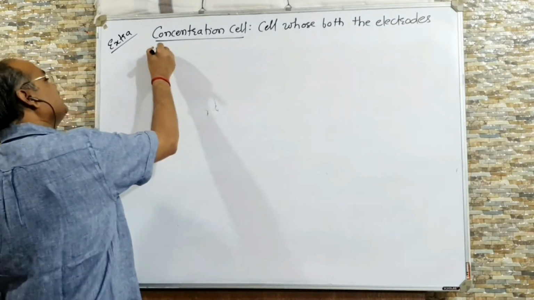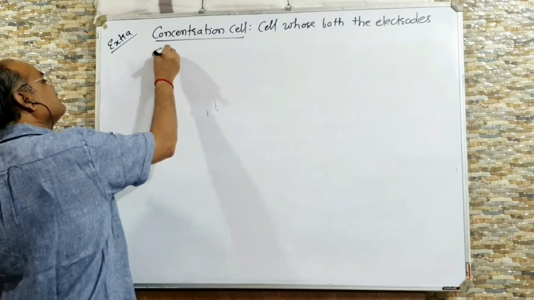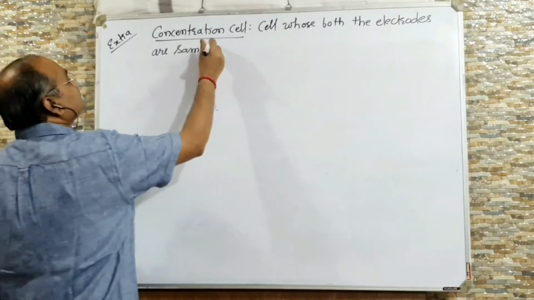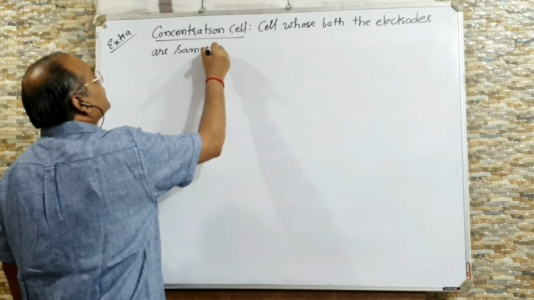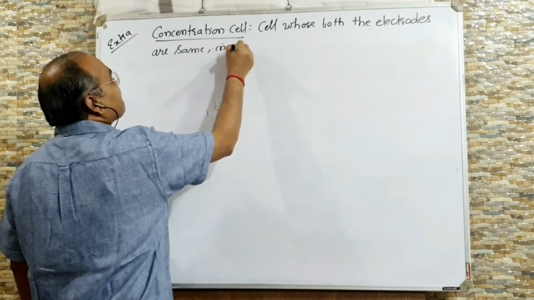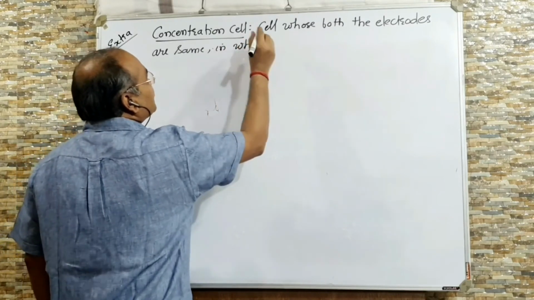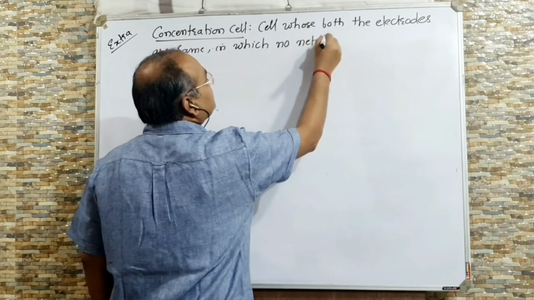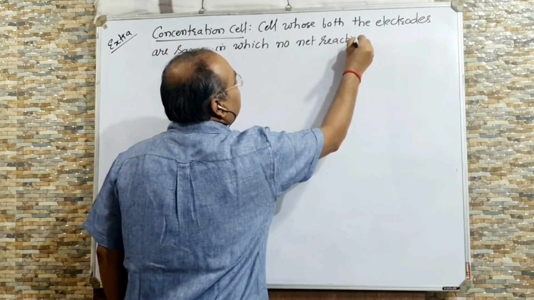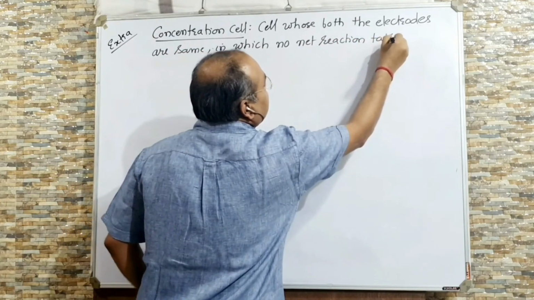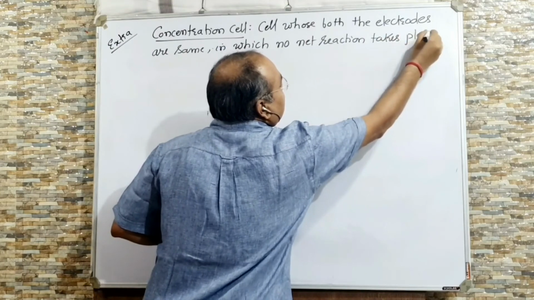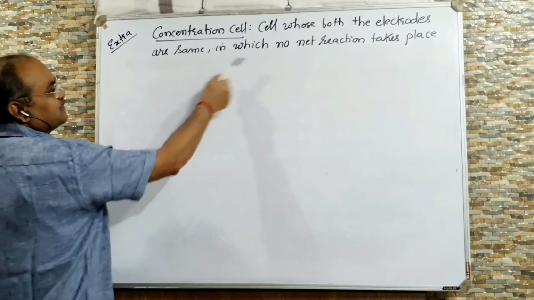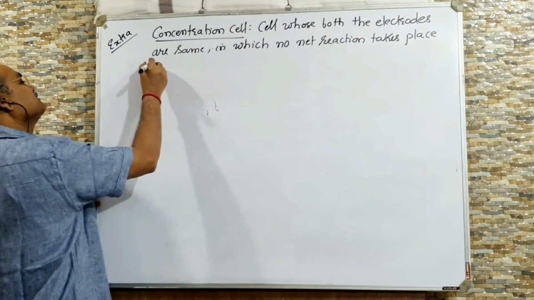Cell whose both the electrodes are same, in which no net reaction takes place.